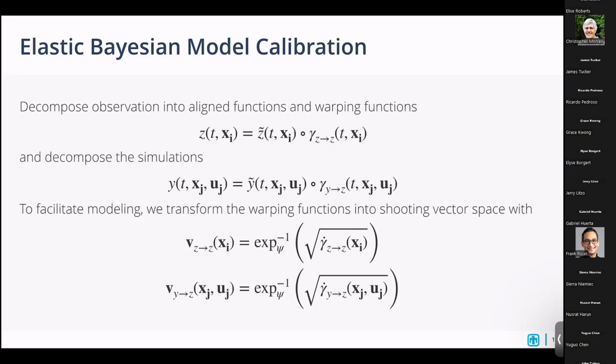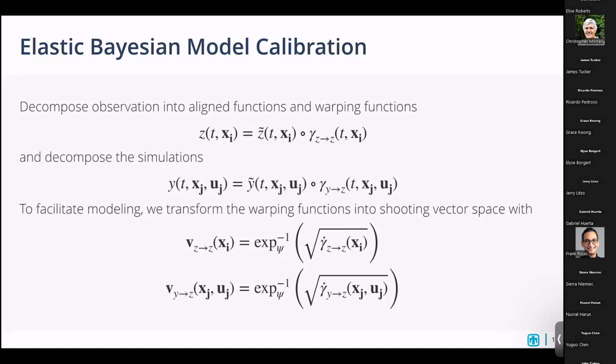And one conceptual way to think about this is if I have an experiment, a Z, and I have a bunch of computer simulations, I'm going to align all those simulations to that computer experiment. And so what's left over when I align that, those aligned simulations to the computer experiment, give me exactly the amplitude variability, the differences between the computer model and the experiment, and the warping functions give me all the phase differences between the computer model and the experiment.